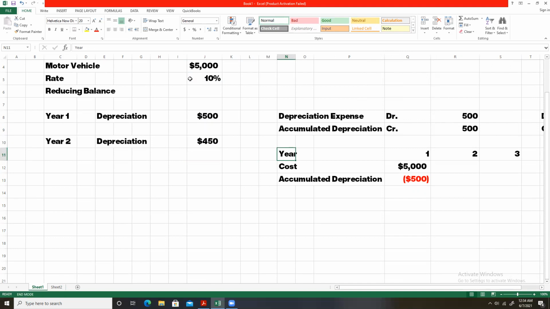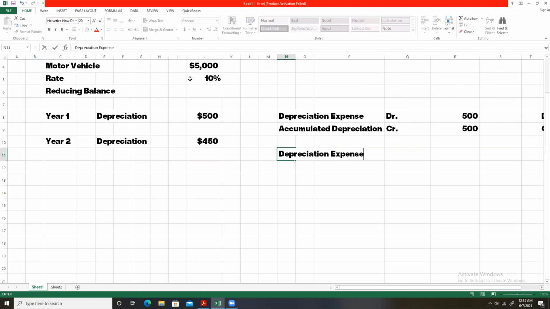Again, the same double entry will be required to record the depreciation. That is, we will debit the depreciation expense and credit the accumulated depreciation.